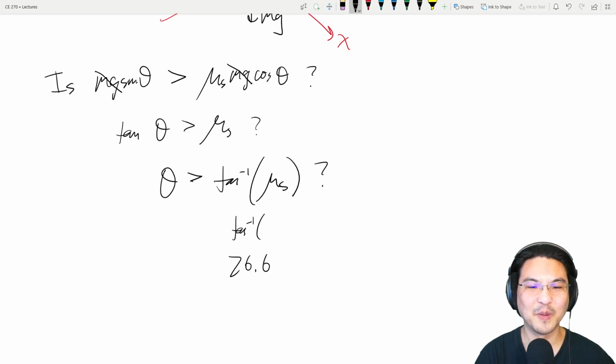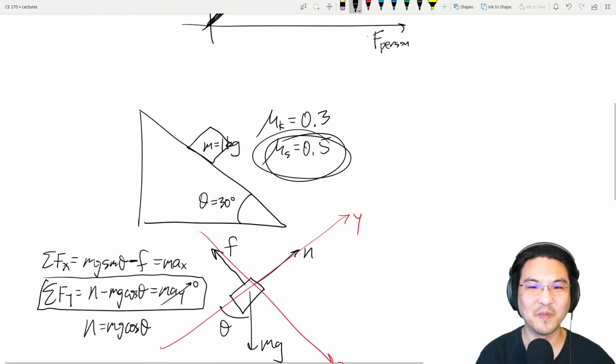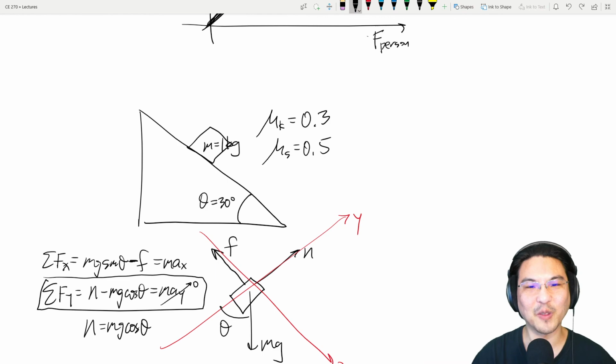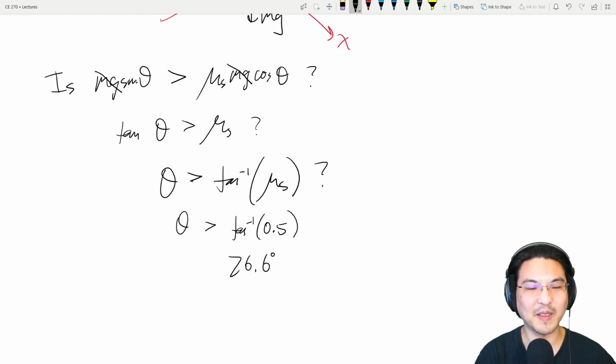Arctangent of 0.5 was the number I made up for static friction, and our ramp was 30 degrees. So arctangent of 0.5 is 26.6, and the angle of the ramp was 30 degrees. So yes, this is true. So what does that mean?